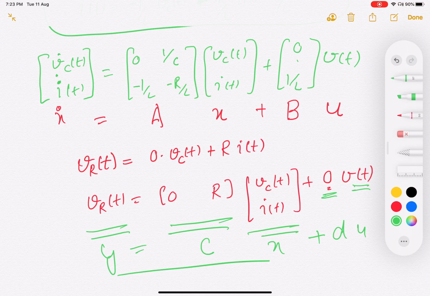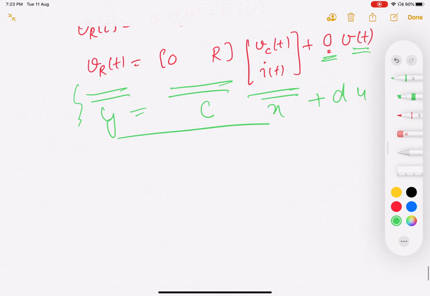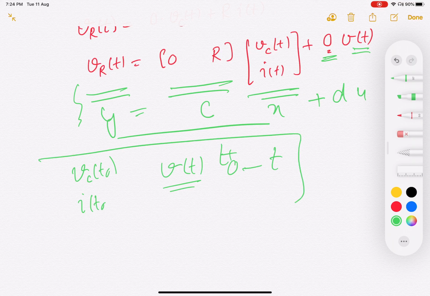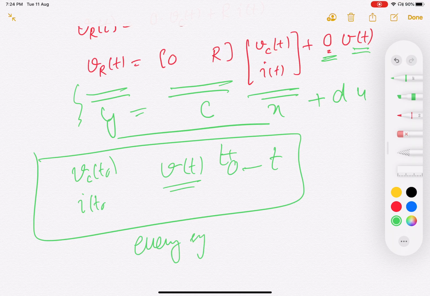Now what is special about this representation is that if you know the values of Vc and i at some time t0, and you know the input that you're applying from t0 to t, then you can find out, because of the state variable representation, every system variable, the value of that variable at any time from t0 to t.